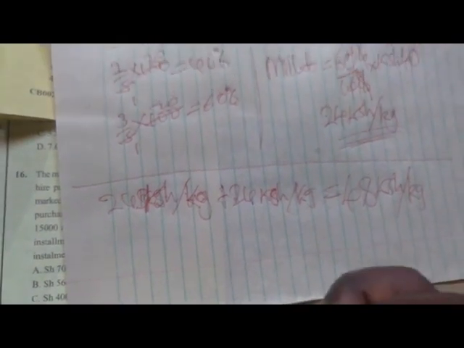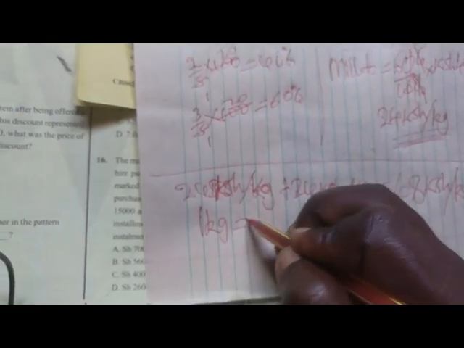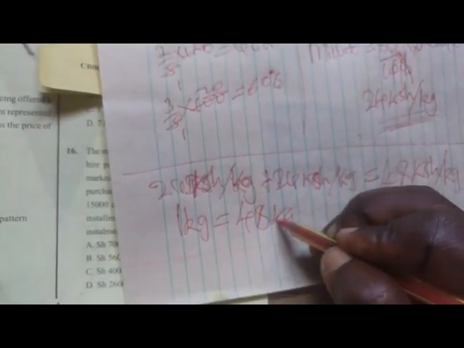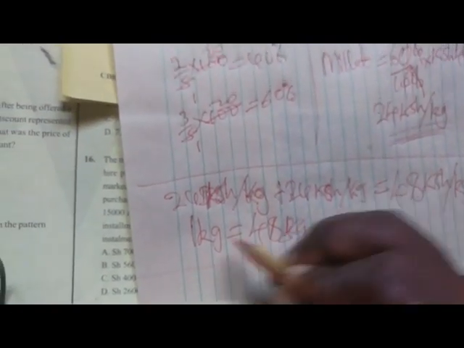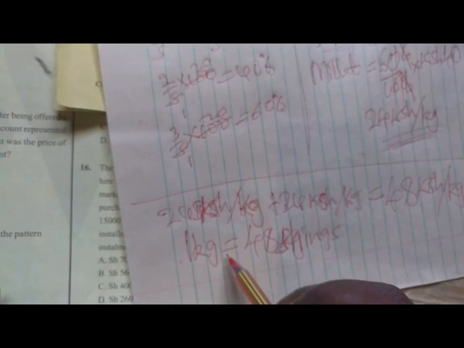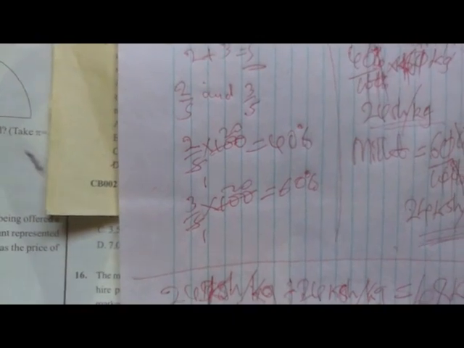Now this is 48 shillings per kilogram. If 1 kilogram is the same as 48 shillings, what about 10 kilograms? We have added the cost per kilogram in both sorghum and millet.